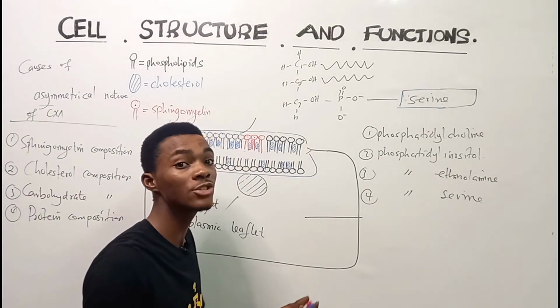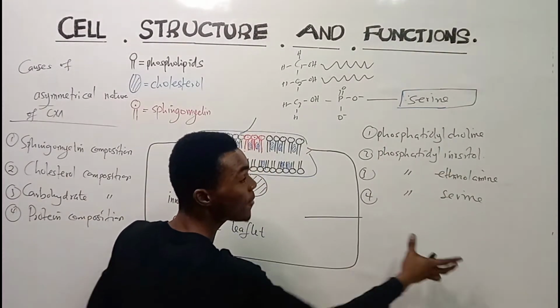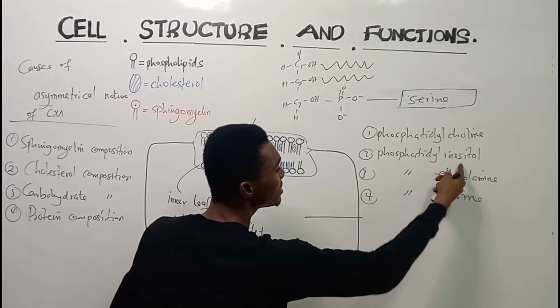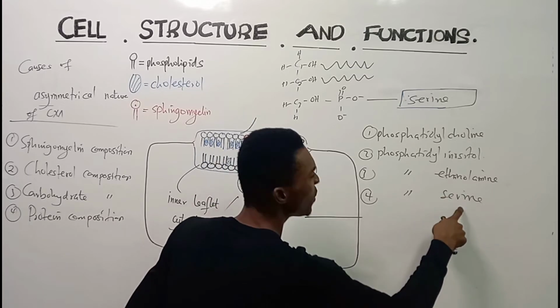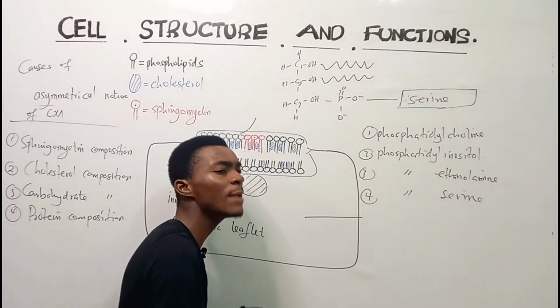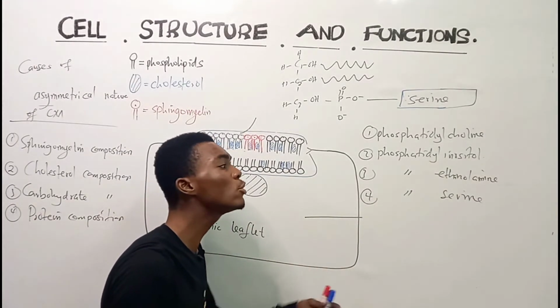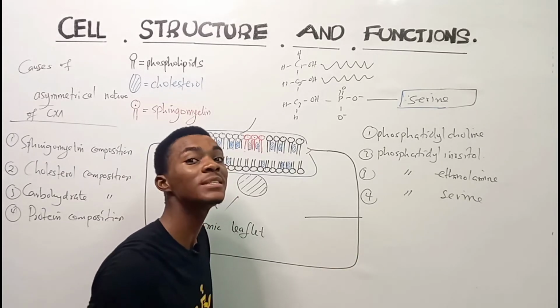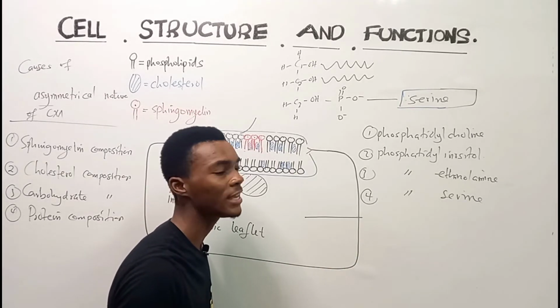So in some literatures, they will mention 5 types of phospholipids: phosphatidyl choline, inositol, ethanolamine, serine, and sphingomyelin. Now you know that sphingomyelin is actually a type of sphingolipid, but it's mostly included in the phospholipids because it bears a phosphate ion. It's as simple as that. Okay, so take note of that.